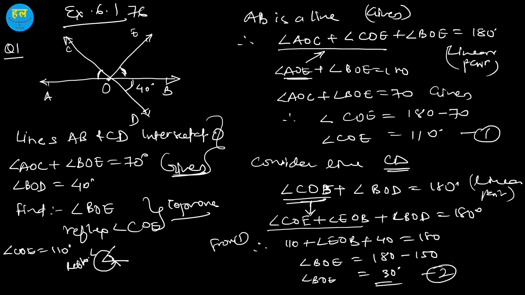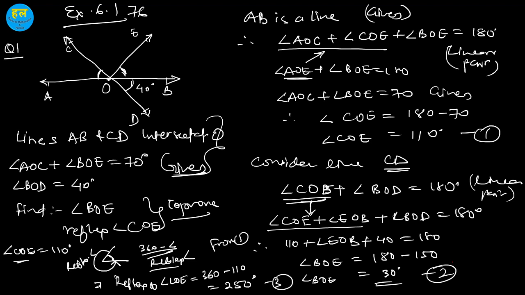So whole complete angle is 360 degree. If we minus the angle part, we get the reflex angle part, right? So reflex of angle COE becomes 360 minus 110 is equal to 250 degree. So this is the second part of the question.